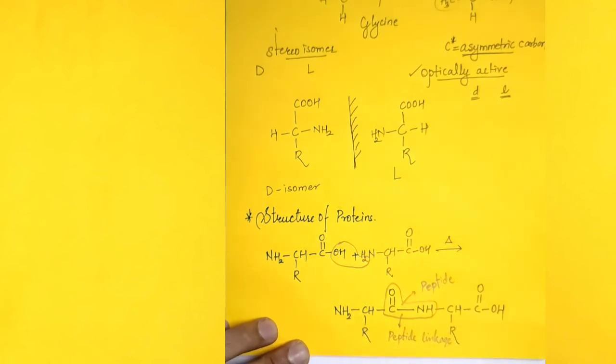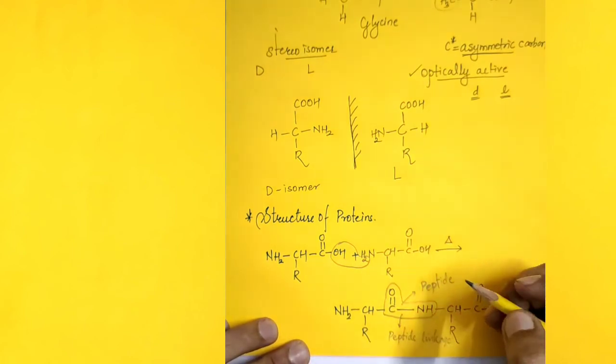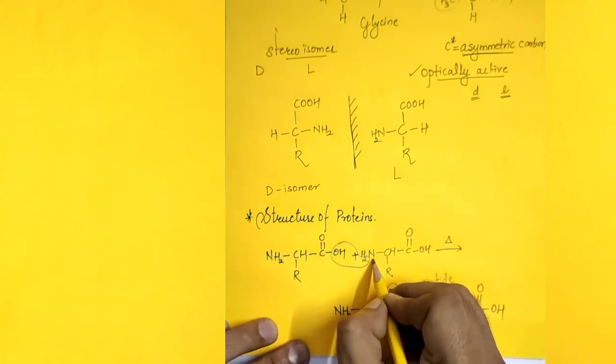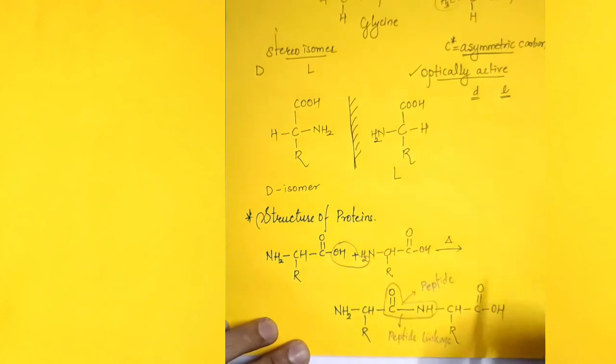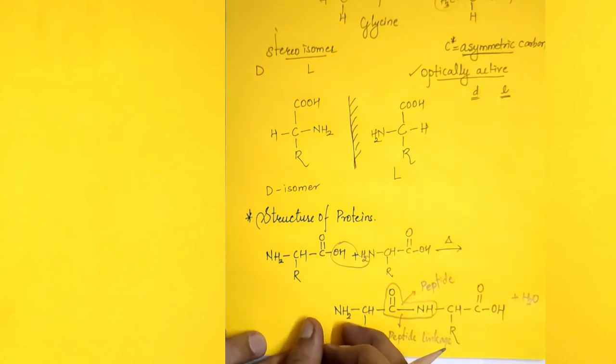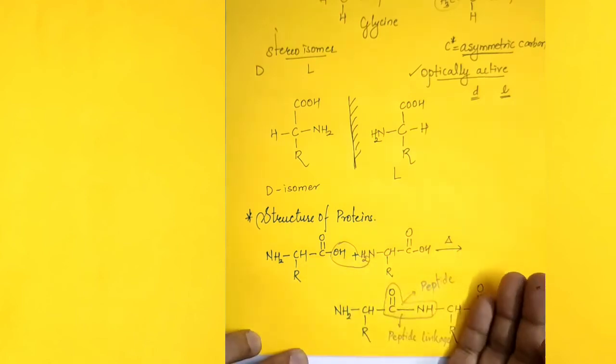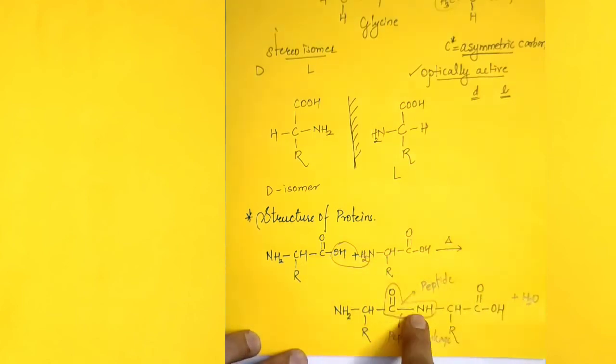Peptide bond or peptide linkage is the amide formed between the acidic functional group and NH2 group by elimination of a water molecule. The amino acids, whether similar or dissimilar, combine to form a peptide bond or peptide linkage.